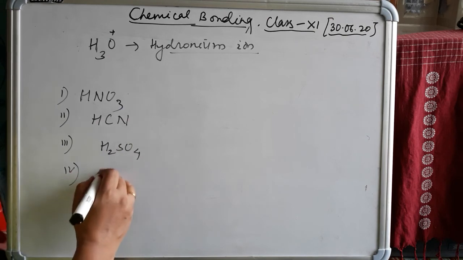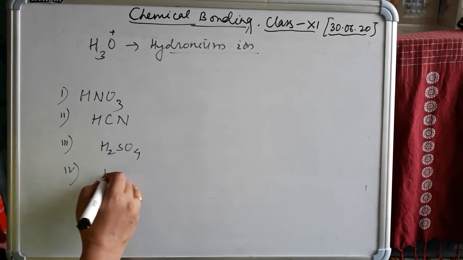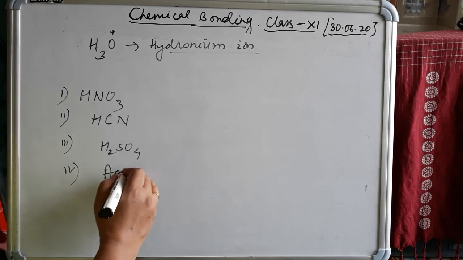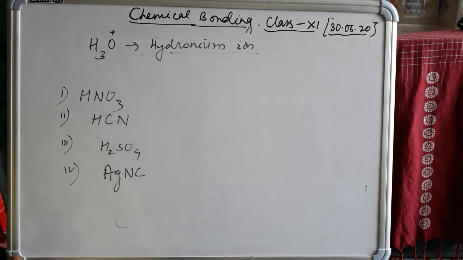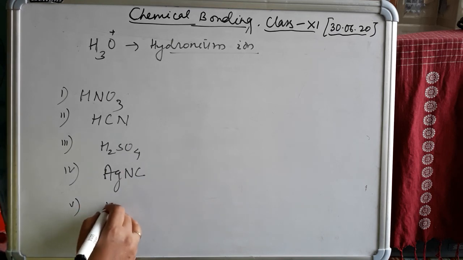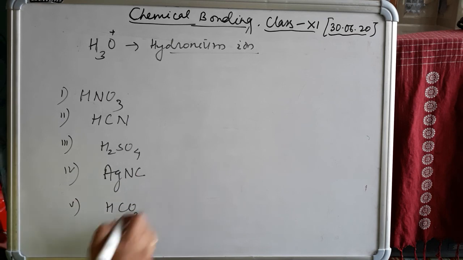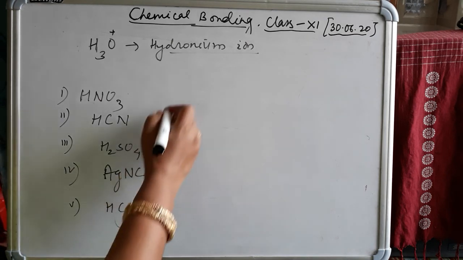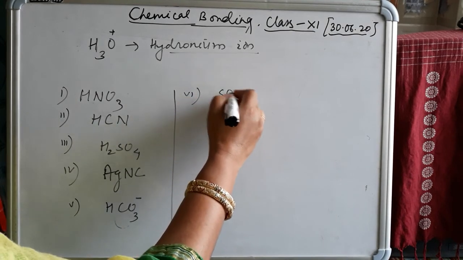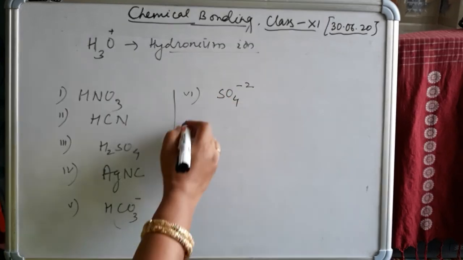Number 4, potassium silver isocyanide. So try to draw the electron dot structure of these given molecules. Also number 5, HCO3 minus. Number 6, SO4 minus 2.